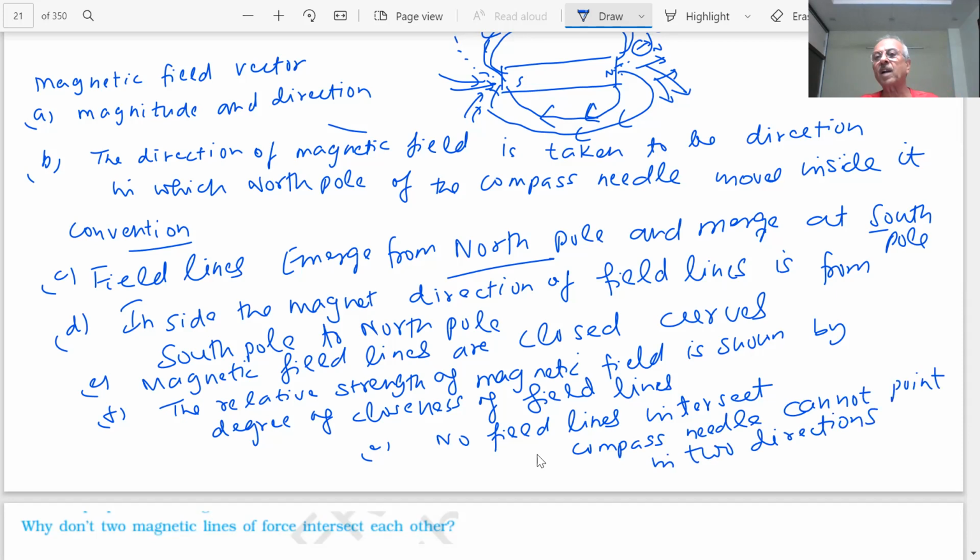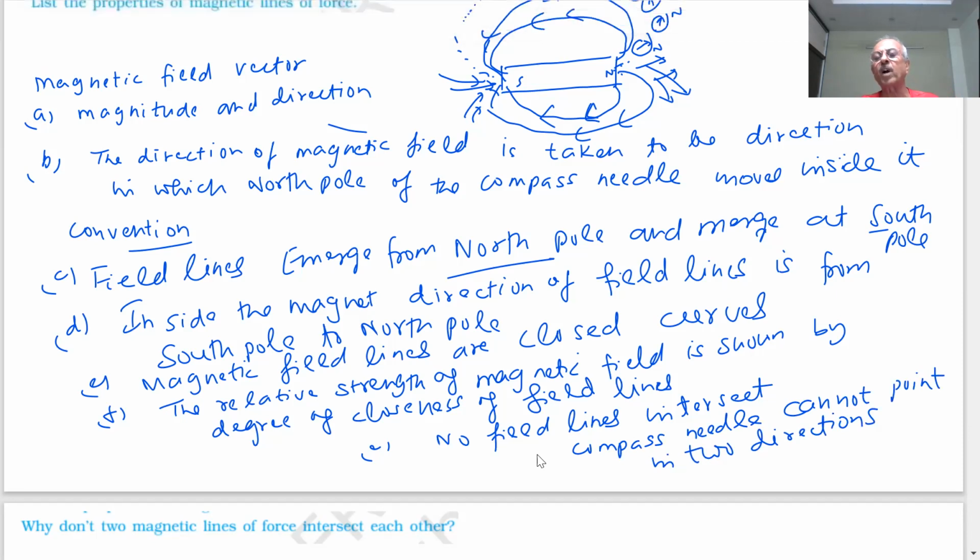Because if they intersect, then the compass needle has to point towards two directions, north and south, which is not possible, which will not happen. So that is why the field lines cannot intersect.